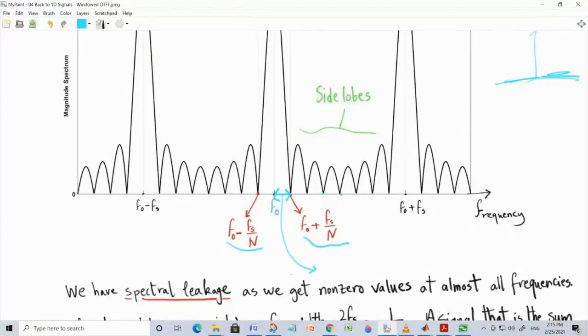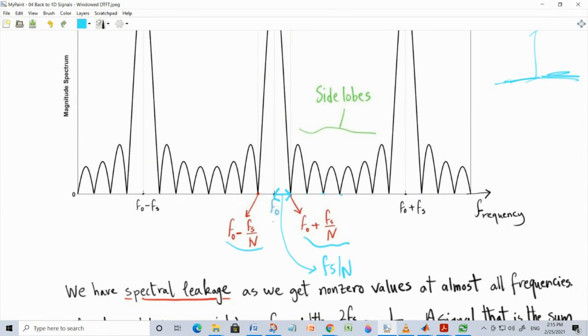Keep it in mind, because it's very useful in practice when we continue and study the DFT; this fs over N is sort of a magical quantity. You increase N, this width will get smaller. That's good, but again, you cannot increase N as you wish, because there are practical constraints that force you to adopt a certain N at maximum.